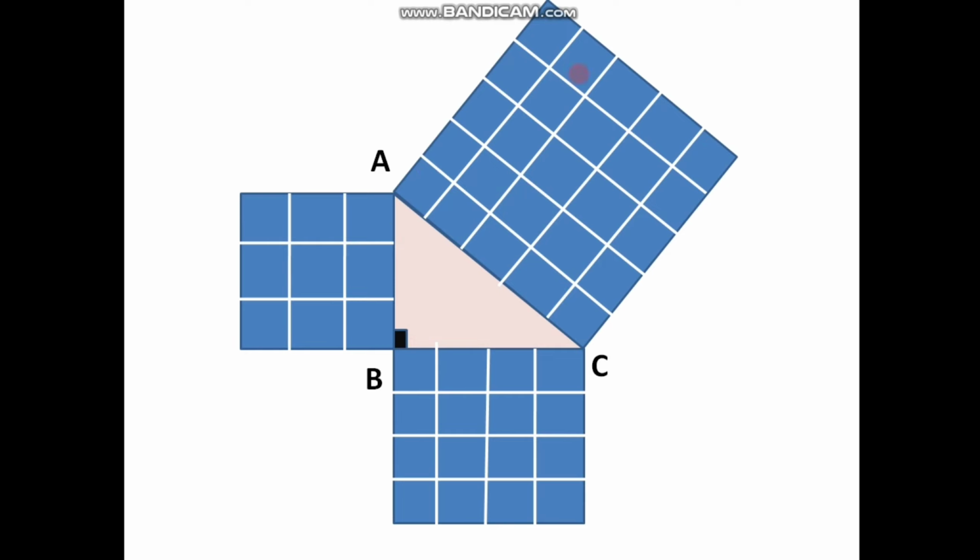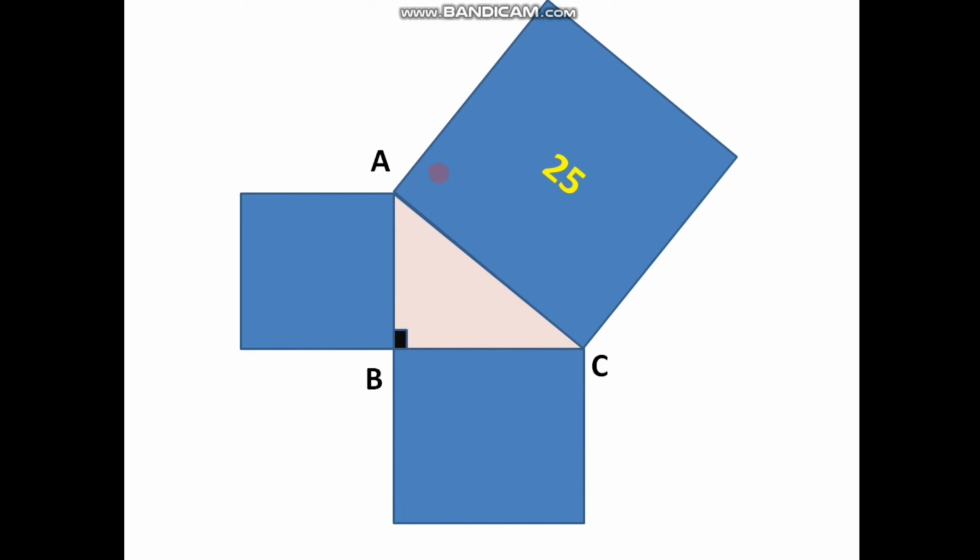So as we can count here, the area of the square on hypotenuse AC is 25, the area of the square on side BC is 16, and the area of the square on side AB is 9. From this we can see the area of the square drawn on the hypotenuse is 25, and the areas of the two squares drawn on the sides making a right angle are 9 and 16 square units.